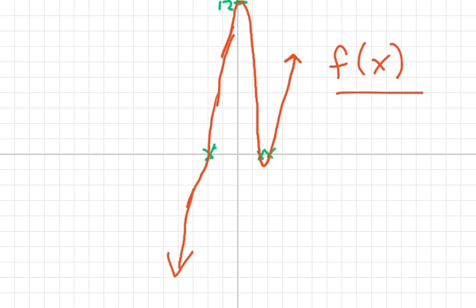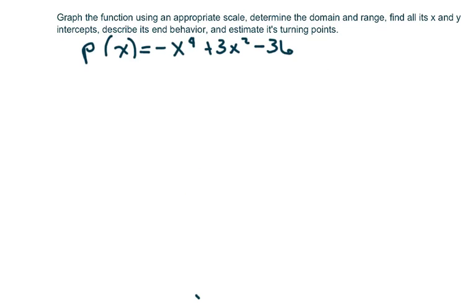Now the next one, we have this equation, and we have to do more. We have to graph it, determine the domain and range. We already know how to find the x and y intercepts, describe its end behavior, and estimate its turning points.